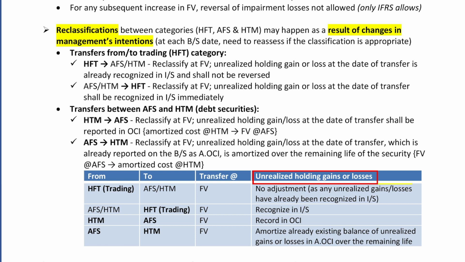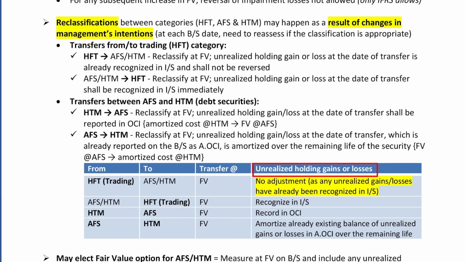So the first couple of rows talk about transfers from or to the trading or held for trading category. The first one is when there's a reclassification from trading to available for sale or held to maturity. In this case, for the unrealized holding gains or losses, there is no adjustment as any unrealized gains or losses are already recognized in the income statement.